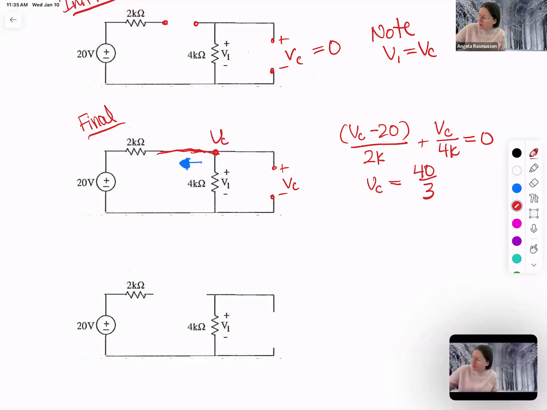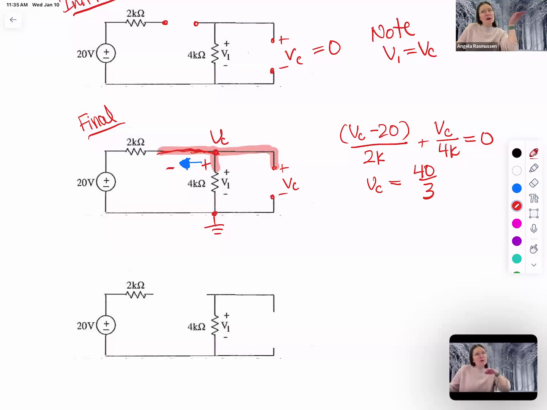So this is all the same wire, this is my VC, and I put my ground on the bottom. And so the voltage across the 2K resistor, one side's VC, and I take the plus side of the current first and then subtract off the minus side.